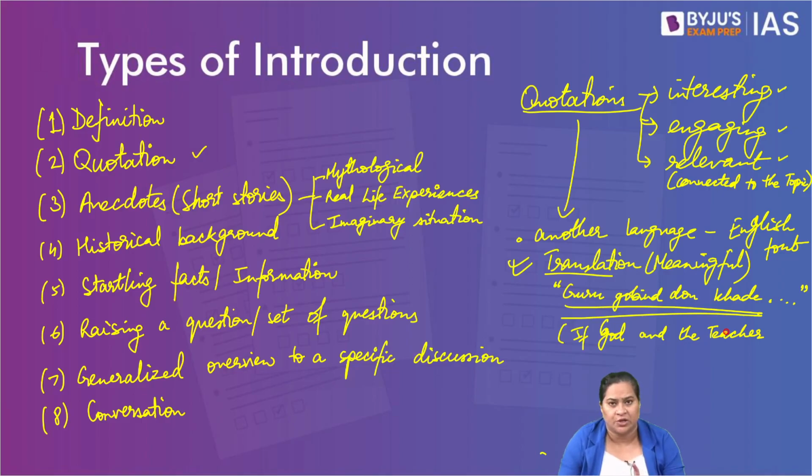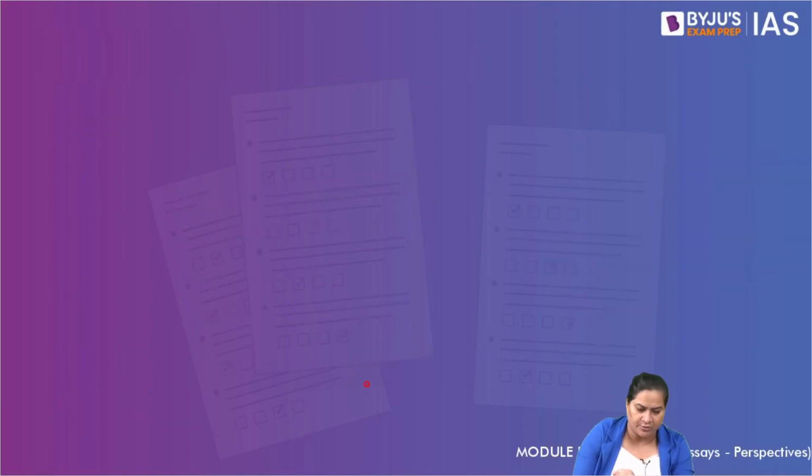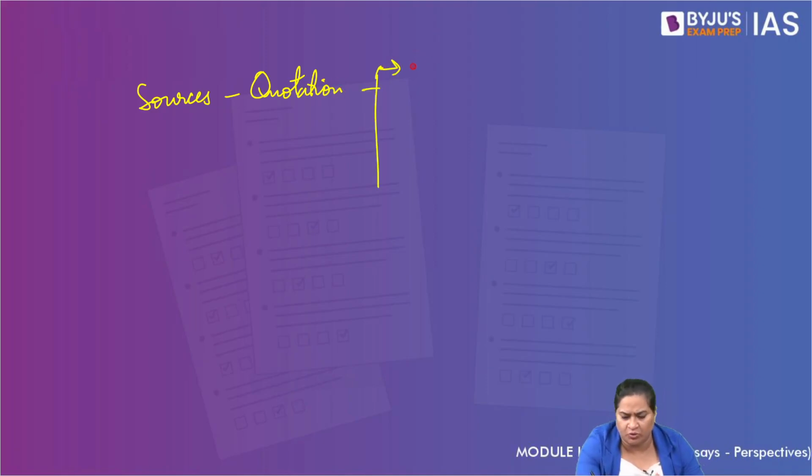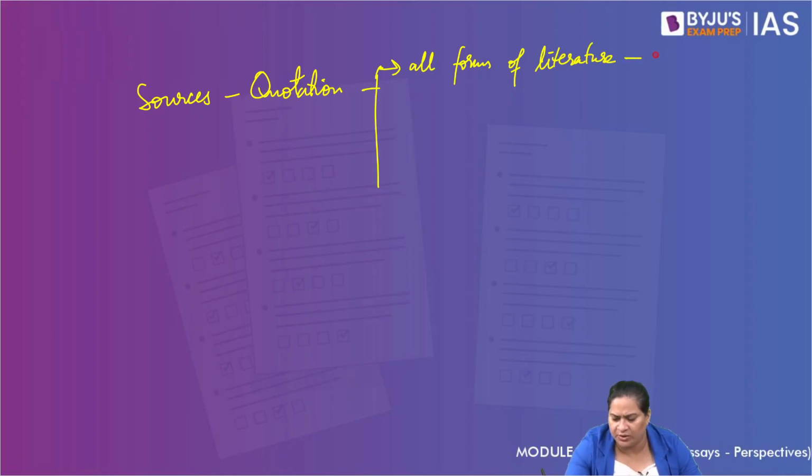Now comes the source of quotation. When we are discussing sources related to quotation, it can be anything. It can be associated with all forms of literature. Here you can consider story, poetry, drama or play, novel.